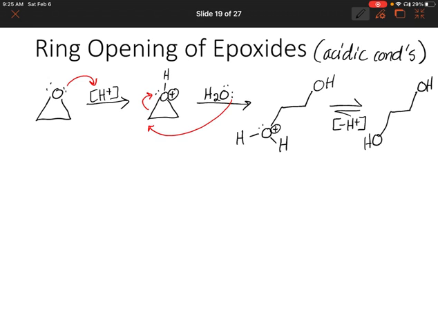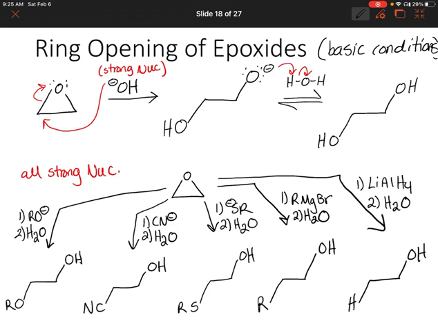All right, so the mechanism under acidic conditions is slightly different from the mechanism under basic conditions. So here we're protonating the oxygen first, and then we see nucleophilic attack, whereas under basic conditions, the nucleophile attacked first, and then we protonated.